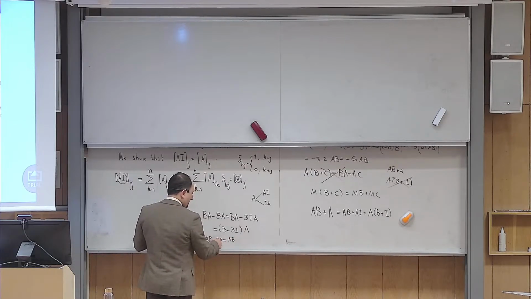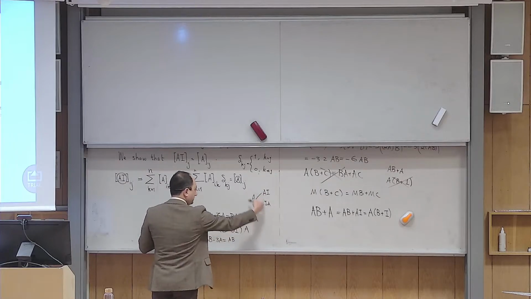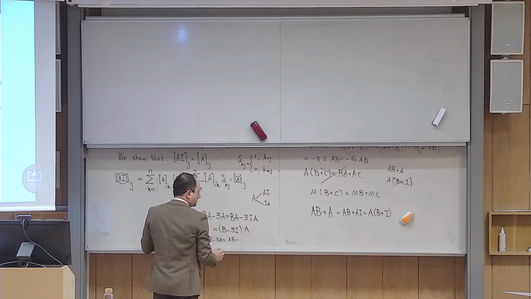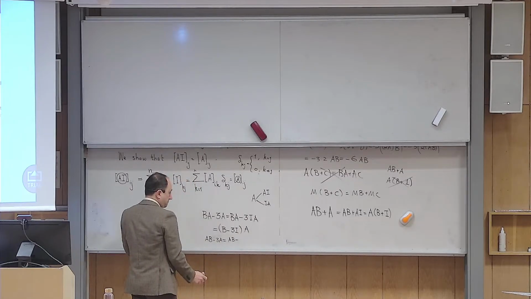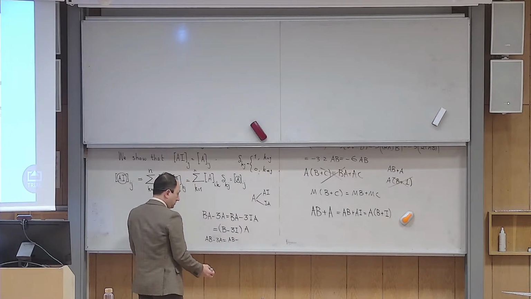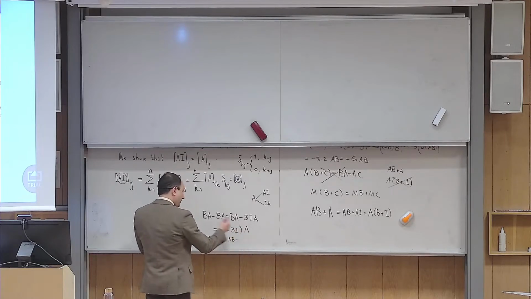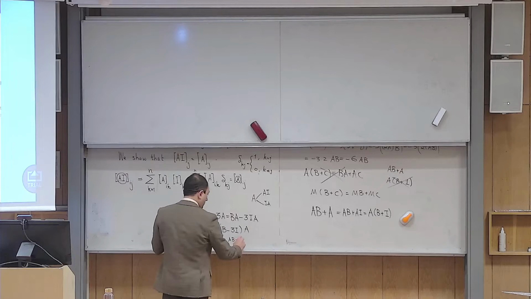Instead of this A, which one is suitable now, AI or IA? AI, because I want to have A on the left. Because A here starts on the left, for this one I want to have A on the left as well. So this becomes 3AI.